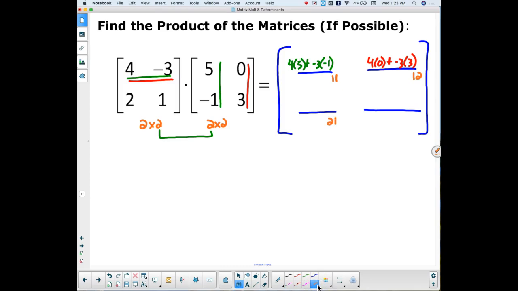Row 2, column 1. 2 times 5 plus 1 times negative 1. Row 2, column 2. 2 times 0 plus 1 times 3.